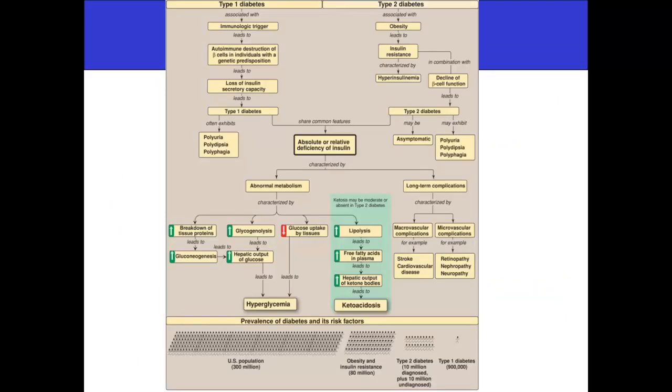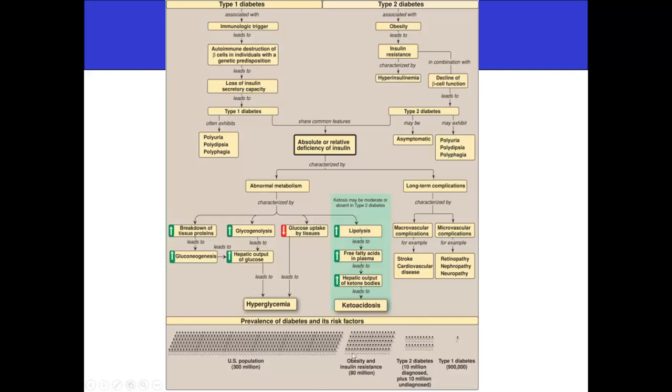In this last slide, we have a concept map comparing type 1 and type 2 diabetes. We've covered all these concepts. What I want you to look at here is the prevalence of diabetes and its risk factors. This is, of course, the population in the USA, the American population. So type 1 diabetes is not very common. Okay, so what about type 2 diabetes? It's much more common.